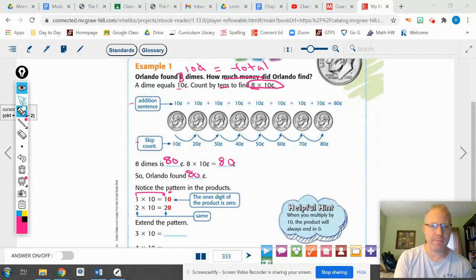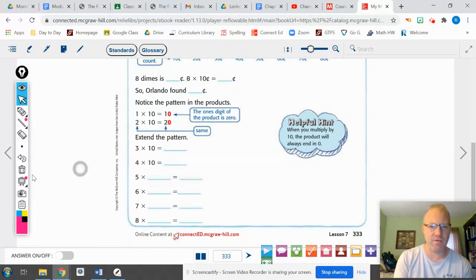So when we think about the pattern, we know that we're taking our factor and we're bringing it right over into our product. So 3 times 10, the 3 goes in the tens place, and then we just add a 0. 4 goes in the tens place, we add a 0. 5 times 10, the 5 goes in the tens place, we add a 0.